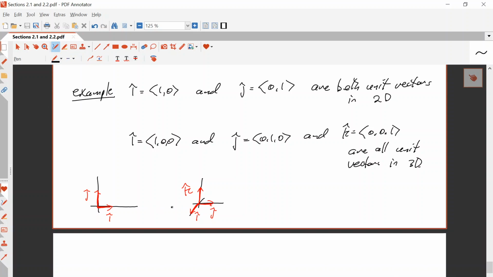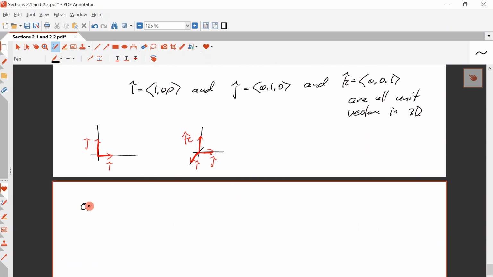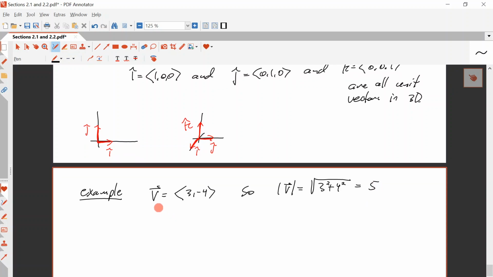But of course, not every unit vector looks like that. If I had vector v equal to (3, -4), the length of v is equal to the square root of 9 plus 16, which is equal to 5. Given v equal to this, the length of v is 5.